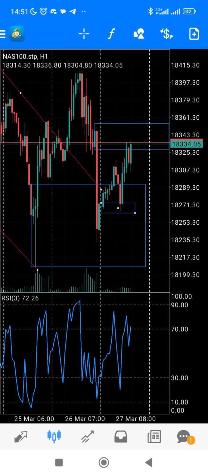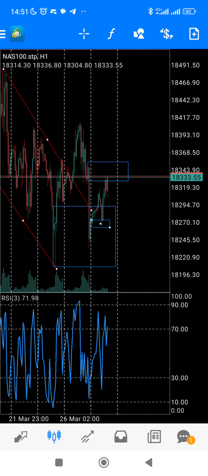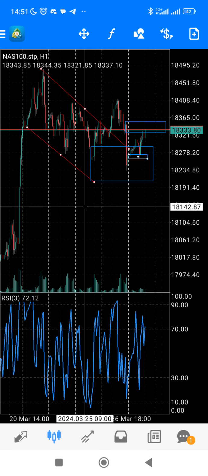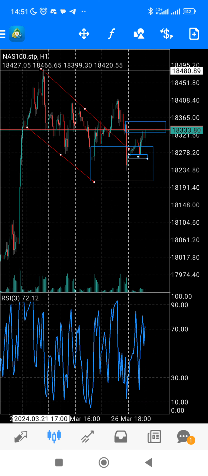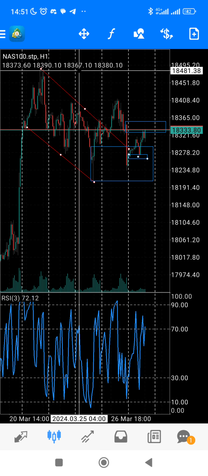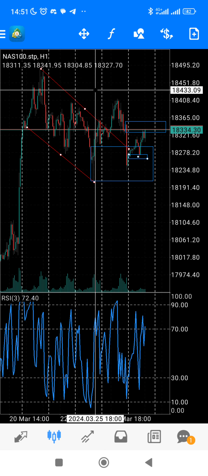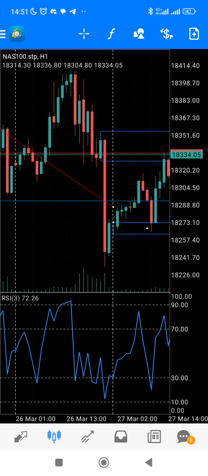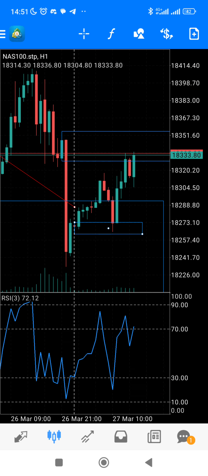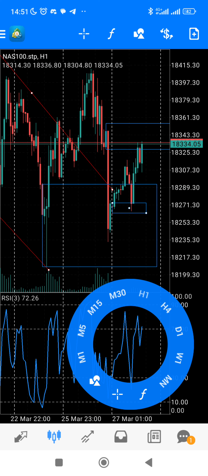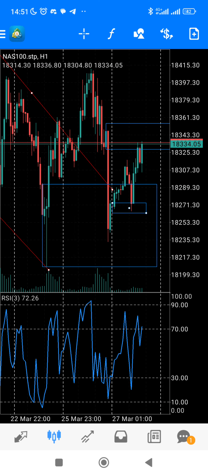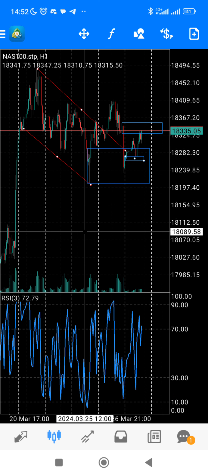So with that being said, we invalidate the targets that rest above here at 18,480, right? We're disregarding that for now. At a later stage, perhaps we could get the touch of this level.